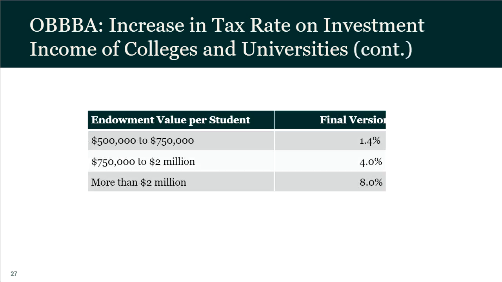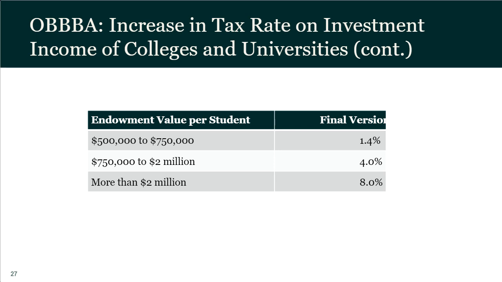And as you can see on this chart, if your endowment value per student is between $500,000 and $750,000, in the final version of the bill, it's a 1.4% rate. If you're between $750,000 and $2 million, it's a 4% rate, and over $2 million, it gets up to an 8% rate.